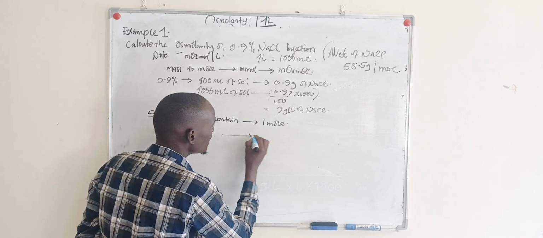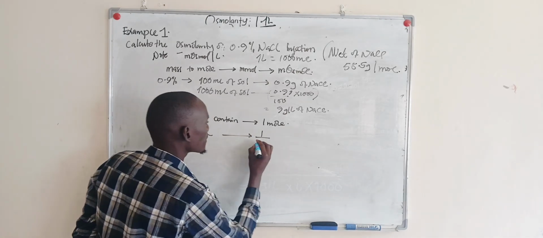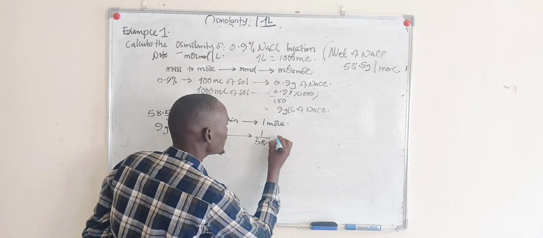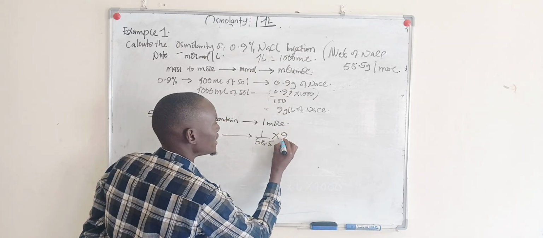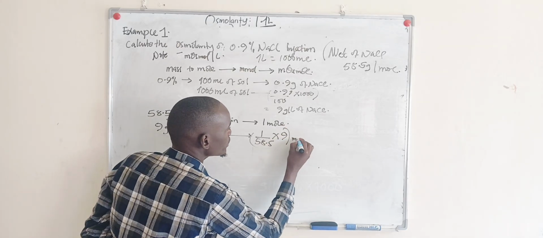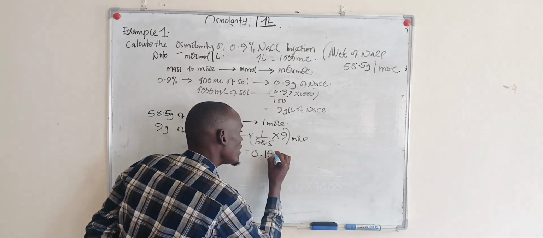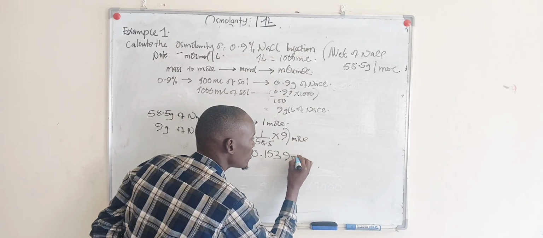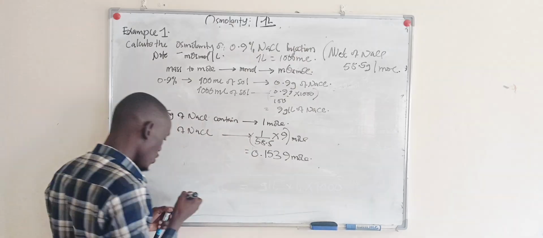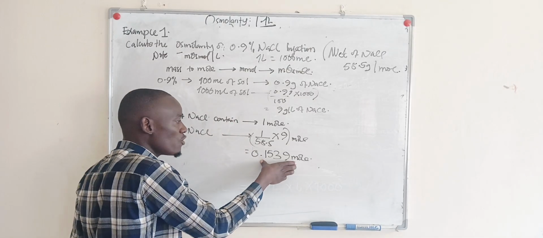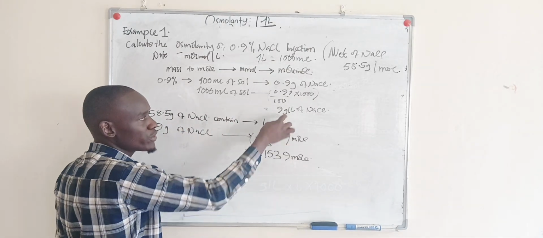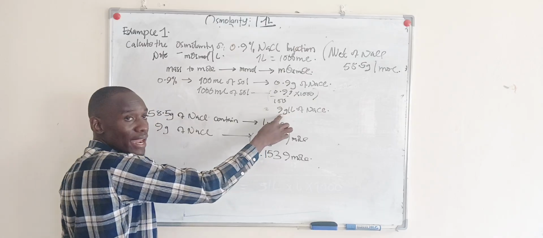It will contain 1 over 58.5 times 9, and when we compute this, we shall get 0.1539 moles. So we have gotten the number of moles of sodium chloride which is equivalent to the 9 grams.